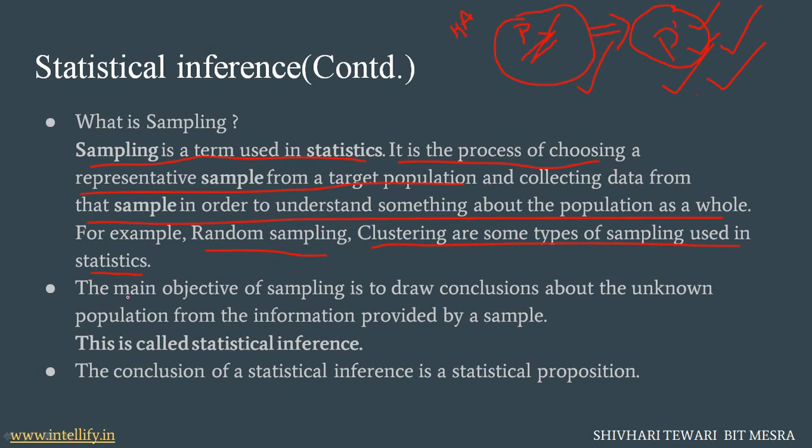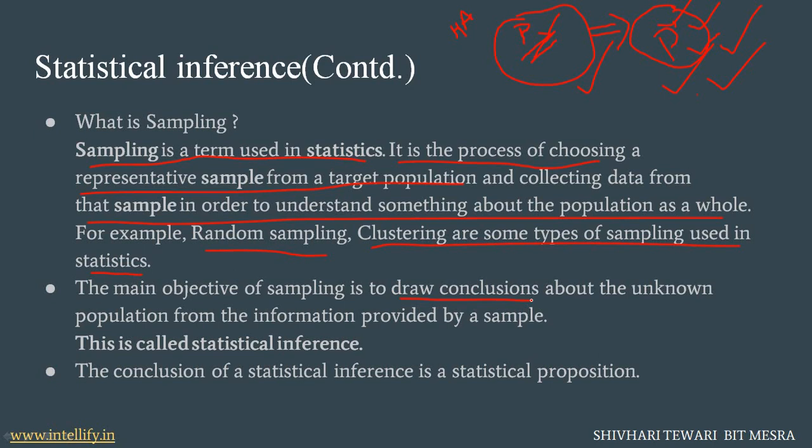Now, what is the main objective of sampling? The main objective of sampling is to draw a conclusion about the unknown population. Look, here the patients are the unknown population. We don't know about every patient, but we have to draw a conclusion about patients so that the hospital administrator can go for better results.